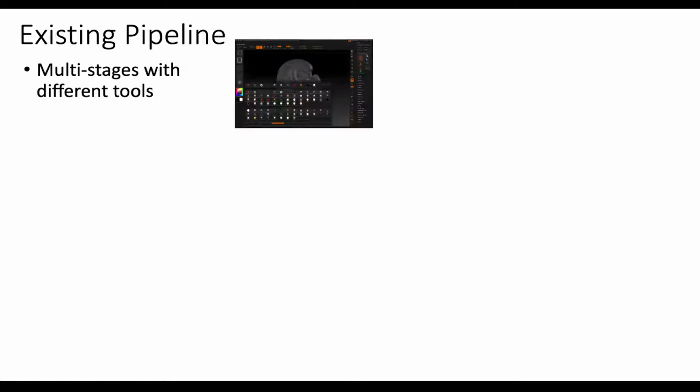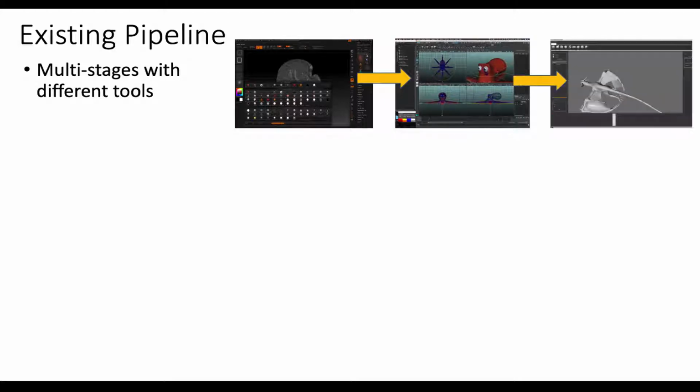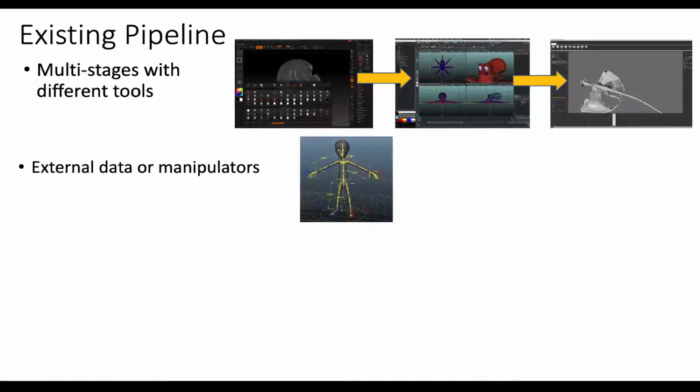In sum, the existing animated sculpting creation pipeline has the following features. It contains multiple stages with different tools, such as ZBrush for modeling, Maya for animation, and Mesh 3D for sculpting animation refinement. The modeling and animation stages are usually independent. Different animation tools provide different manipulators, such as rigging, cages, and gestures.